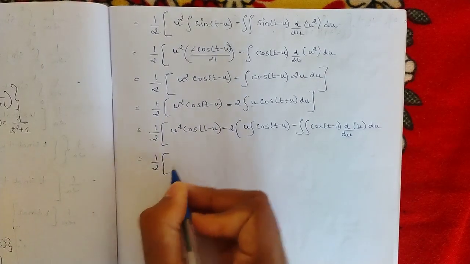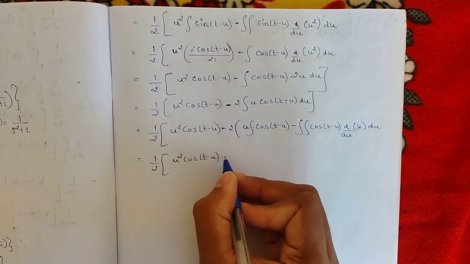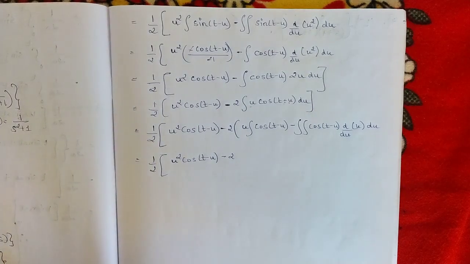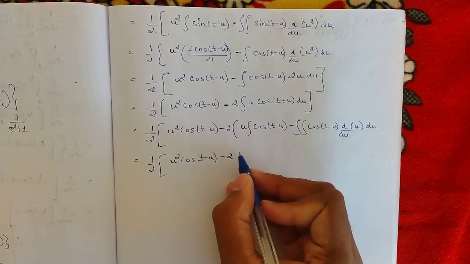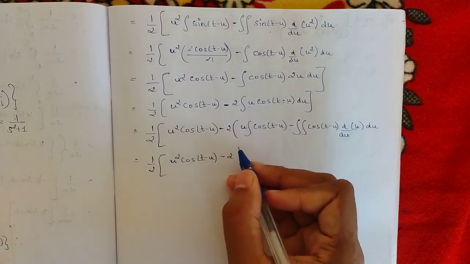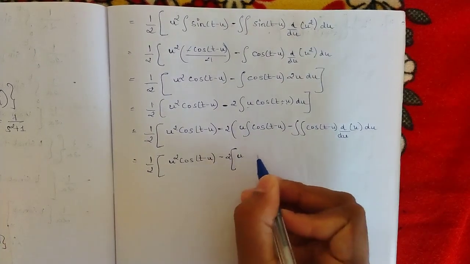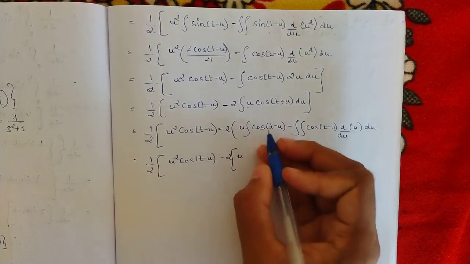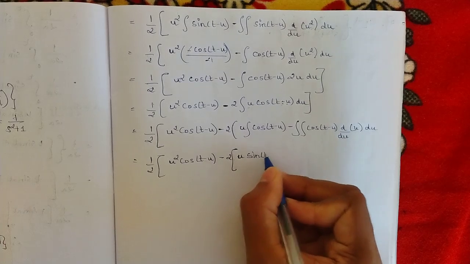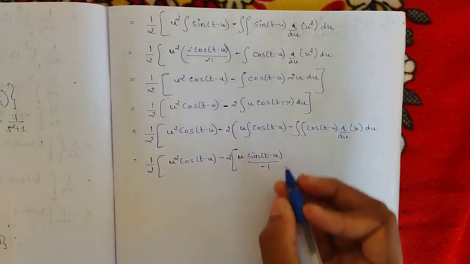1 by 2 u square cos t minus u minus 2 into u and integrate this term. Integration of cos is sine of t minus u divided by the coefficient of u, that is minus 1.